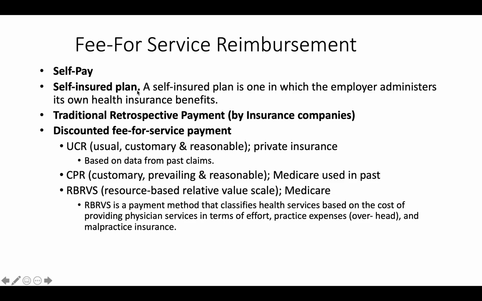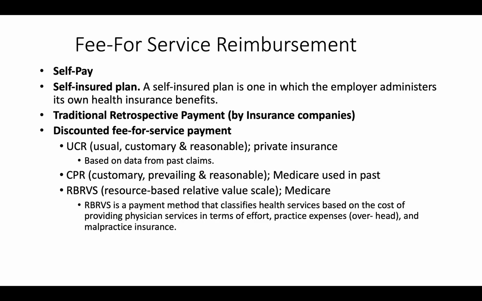A self-insured plan is one in which the employer administers its own health insurance benefit. So in this type, let's say I have a company and I have 1,000 employees. Instead of going to an insurance company and buying insurance, I create my own insurance coverage in my own company.